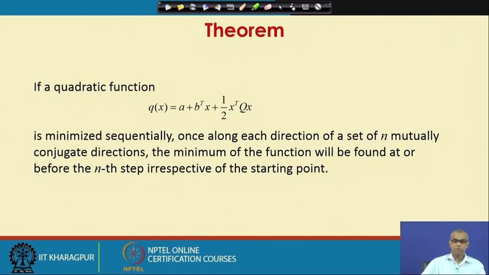So, you have a quadratic function, where a is scalar, b is a vector and q is a matrix.